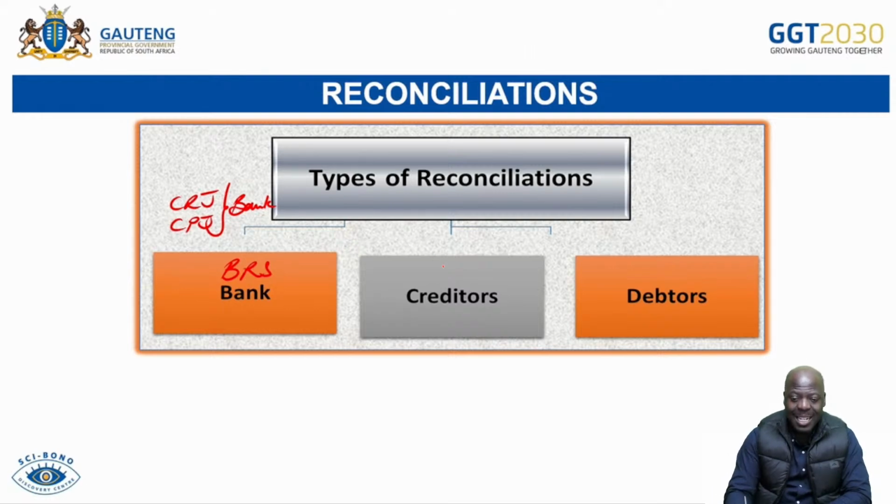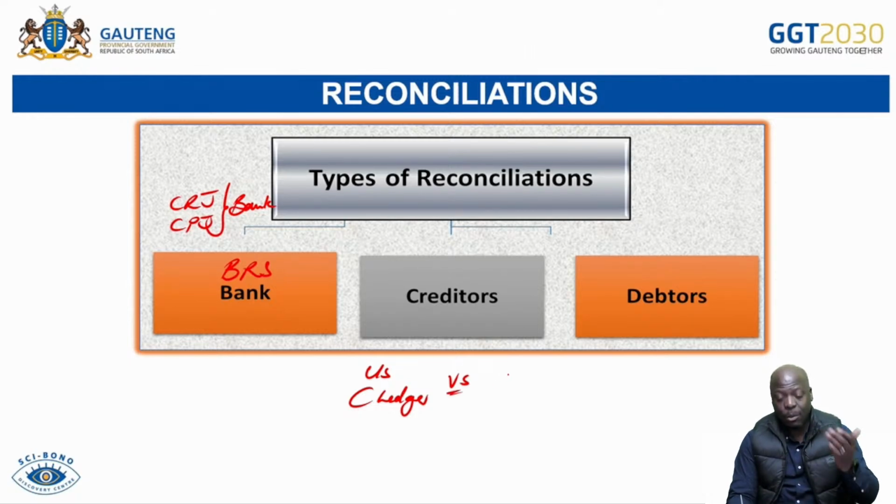And then we also did creditors reconciliations. So remember what I said, that with the creditors reconciliations, you have books that are created or prepared by the business, that is us. And what we prepare is the creditors ledger. So from the creditors ledger, we then compare it with, so we say versus, what is prepared outside.